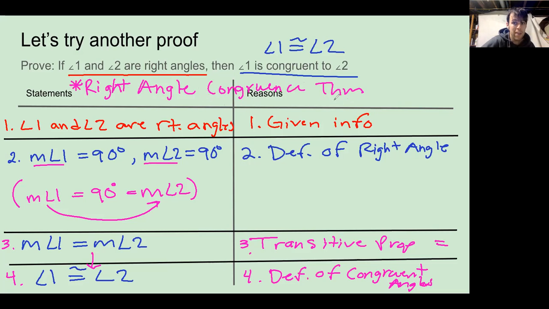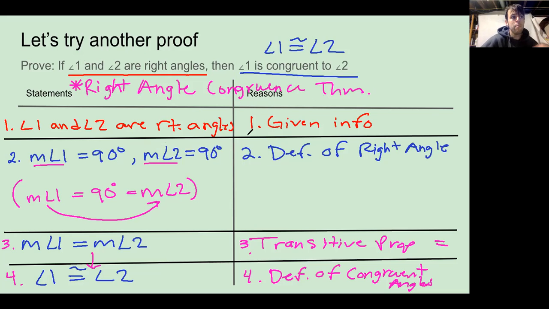So once we have proved this particular statement, now we don't need to go through these steps to say that since 1 and 2 are right angles, they're congruent. We can just say, we know they're congruent, so we can just use this as our reasoning for it. We can use this as one of our reasons.